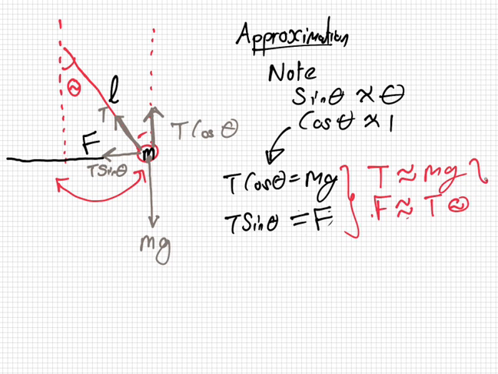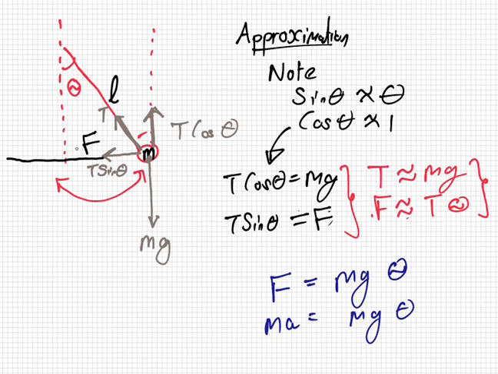If I put these together, the force is equal to T theta, but T is mg, so that's mg theta. From Newton's second law, what's the formula for force? F equals ma. So ma equals mg theta.